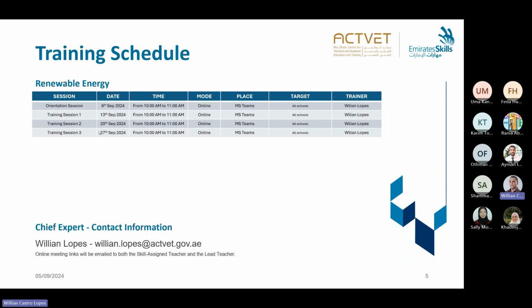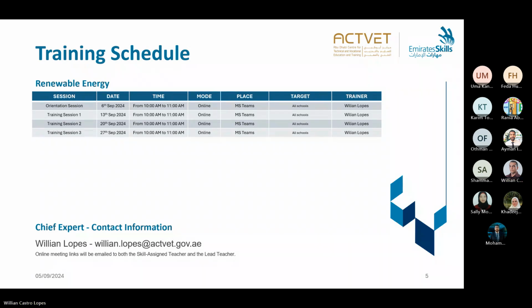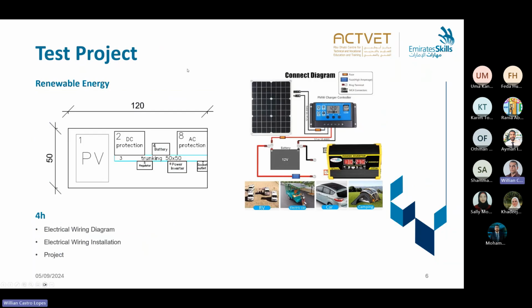We'll have three sessions. I will explain step by step the three parts of the test project in each session. So here is our test project. Our test project will be done during the skill competition in 4 hours. As I told you, there are three parts.